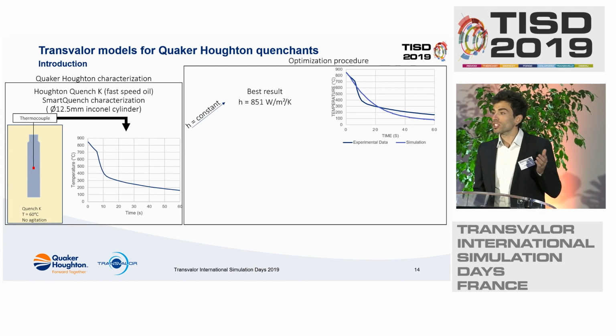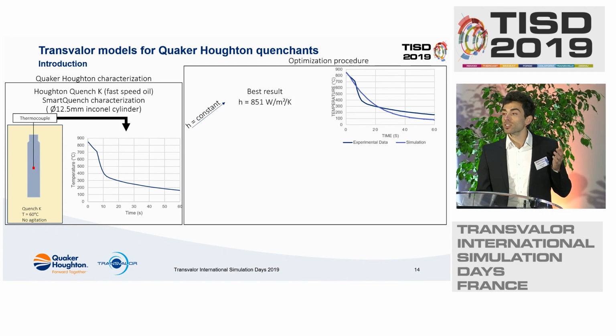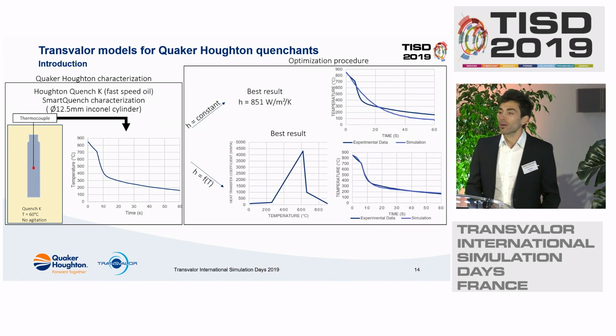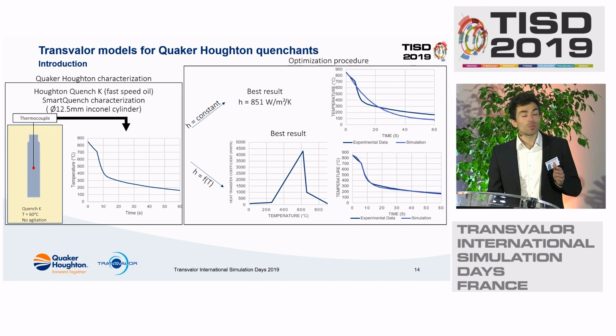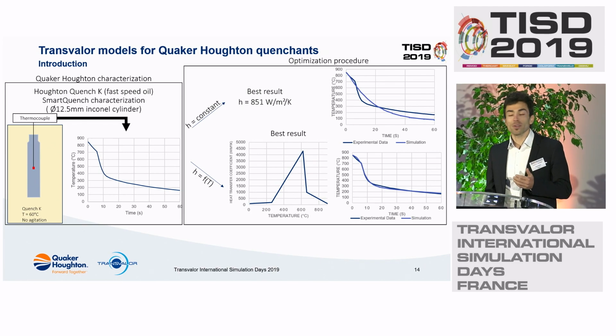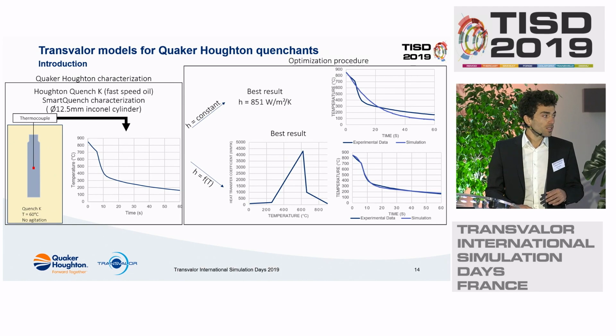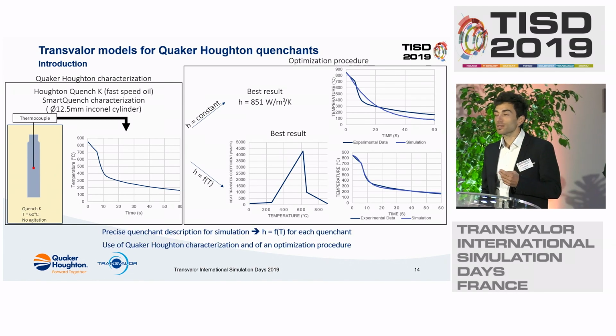It follows the general trend, but it is not perfectly accurate. And if we consider a simple description which is function of the surface temperature, it is clearly easier to have an accurate result.